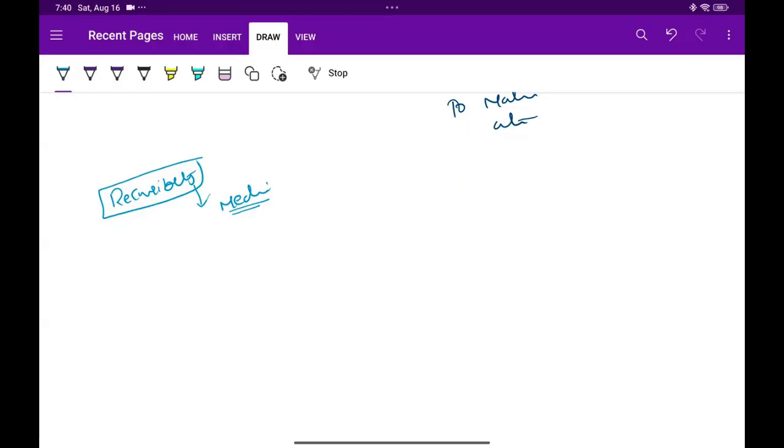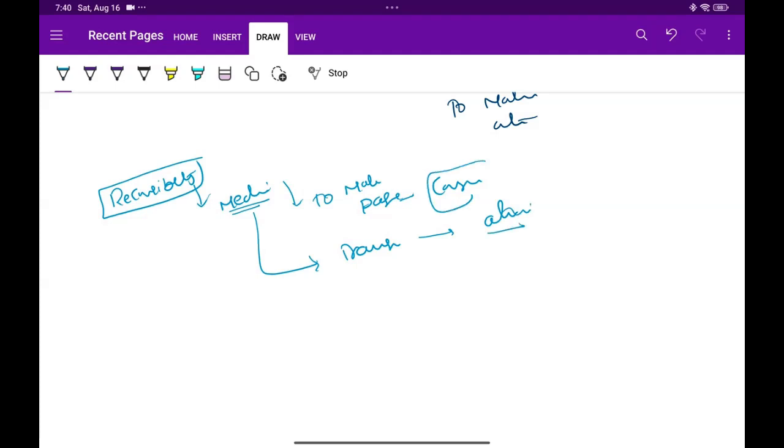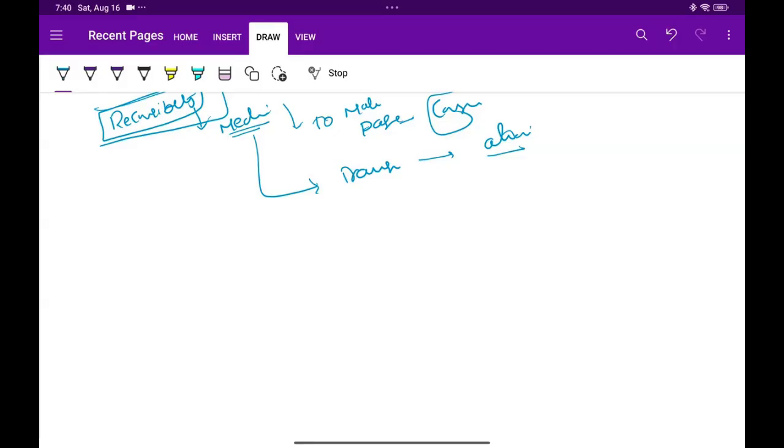Recoverability takes the responsibility to make pages consistent and to make transactions atomic. So the recoverability mechanism takes the responsibility.